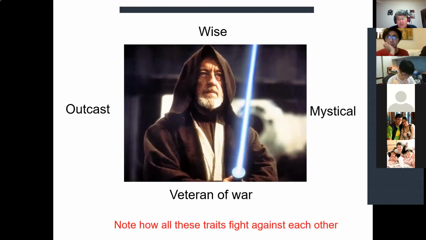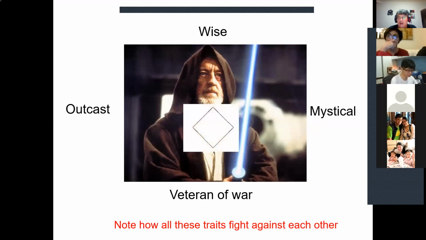Notice how these four traits are actually almost contradicting each other. They don't complement. They create a sense of conflict, a sense of drama. You don't know how this character is going to act in a given situation. As the writer, you control the character's diamond, so you control what they will do, how they will act in a given situation.